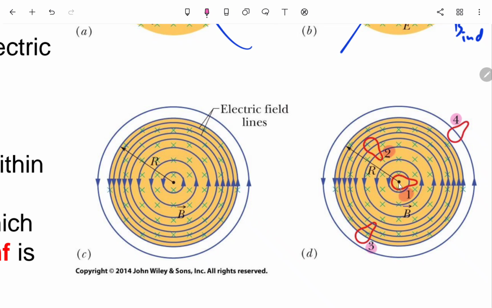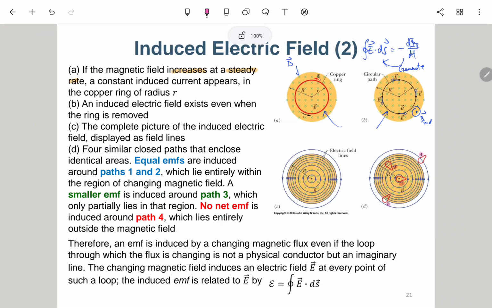Path 1 and path 2 have the same area, and the B field is uniform over this region, so the EMF for path 1 and path 2 should be the same.